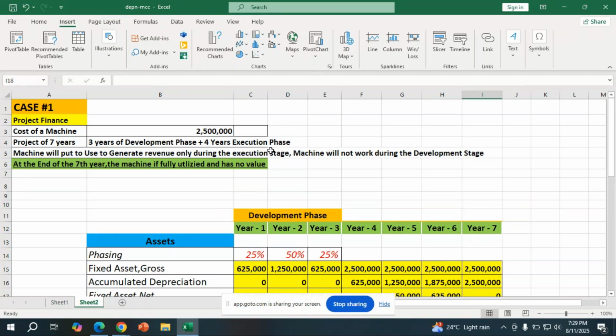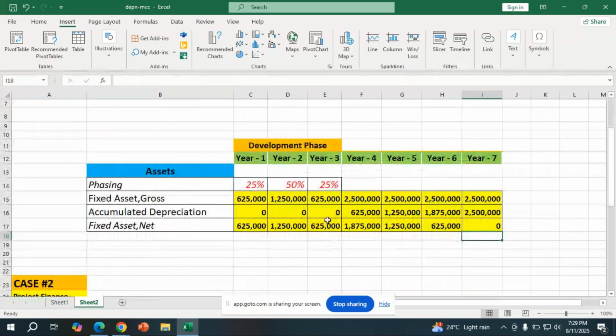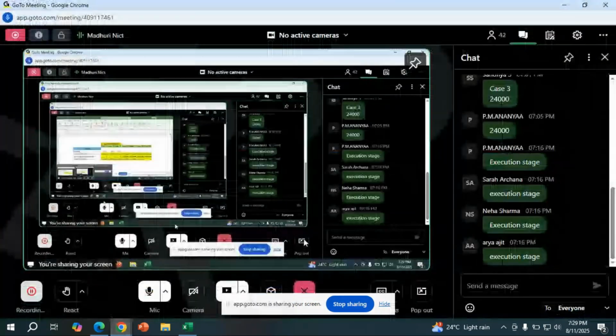Okay, this is how you go. Quickly finish off this table. Case 2 we can do in the next class. Quickly finish off table case 1 now. In case you have any doubts, unmute yourself and ask me or you can put it in the chat box.